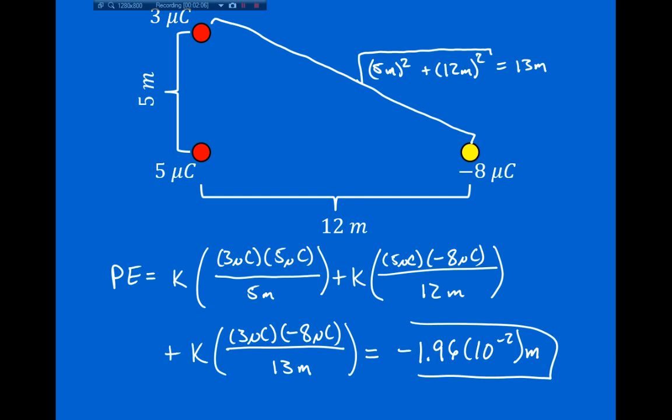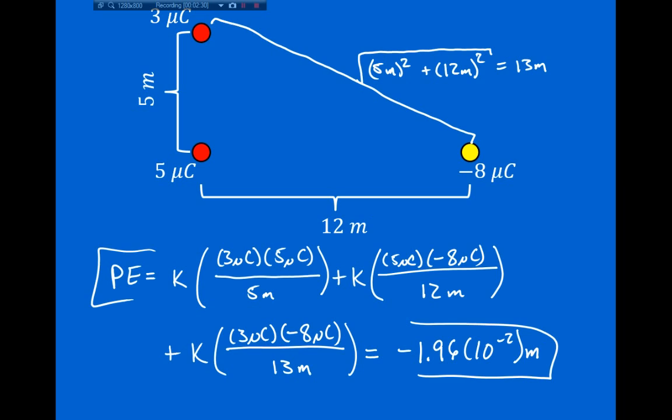And one thing I want to point out about these negative potential energies is that whenever you have 2 particles and they're exerting an attractive force on each other, we say that the potential energy associated with that force is a negative potential energy. And anytime there is a repulsive force between 2 particles, we say that the potential energy associated with that force is going to be a positive potential energy.